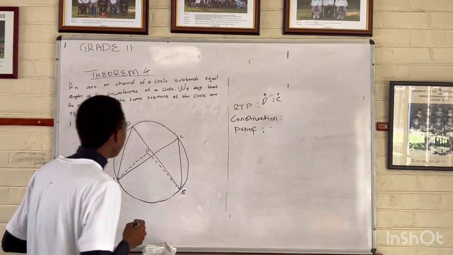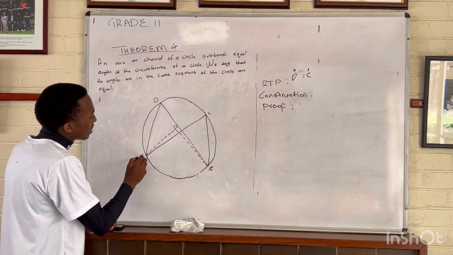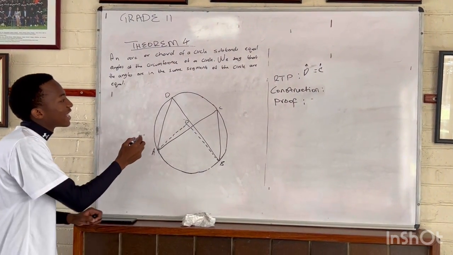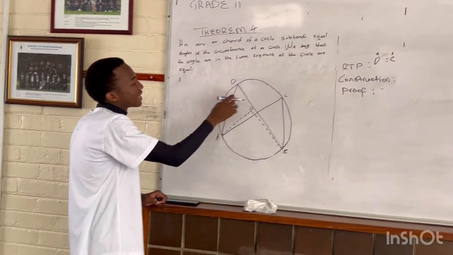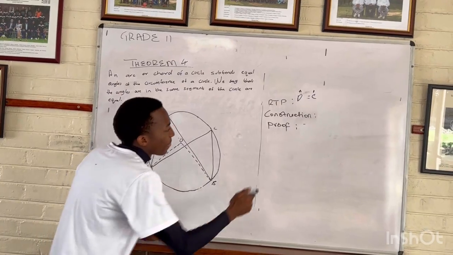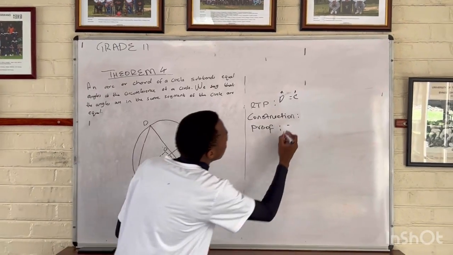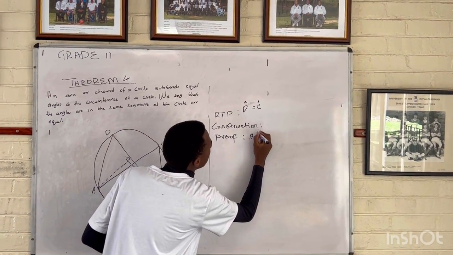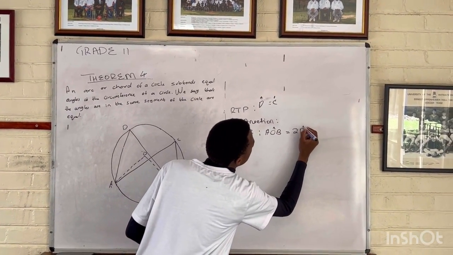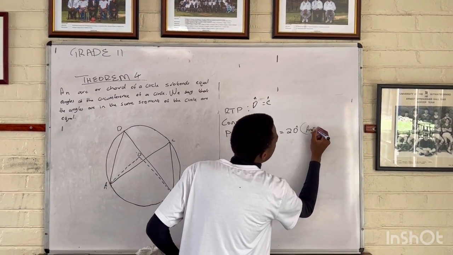Okay, so now we can start to prove. We see that angle AOB is 2 times angle D. Reason: angle at the center is 2 times the angle at the circumference. We're looking at ADB.